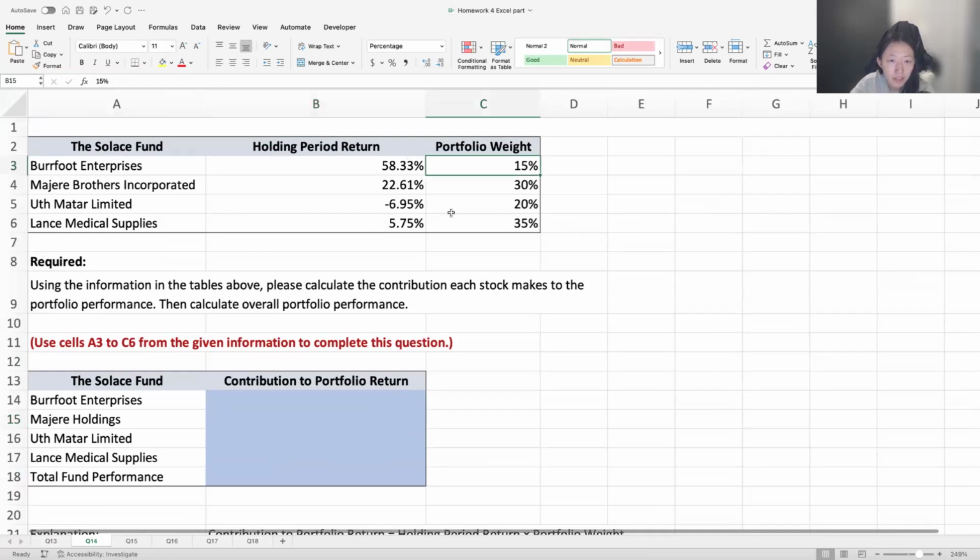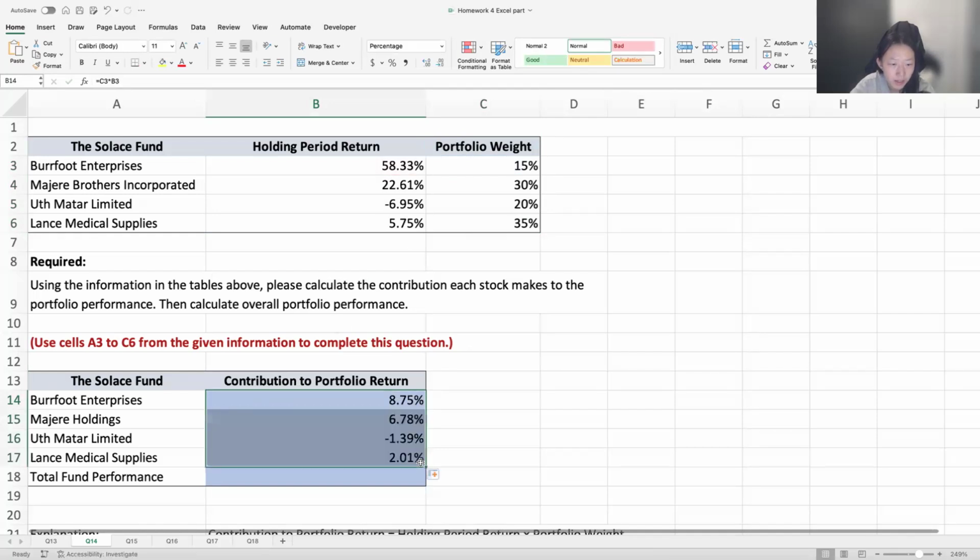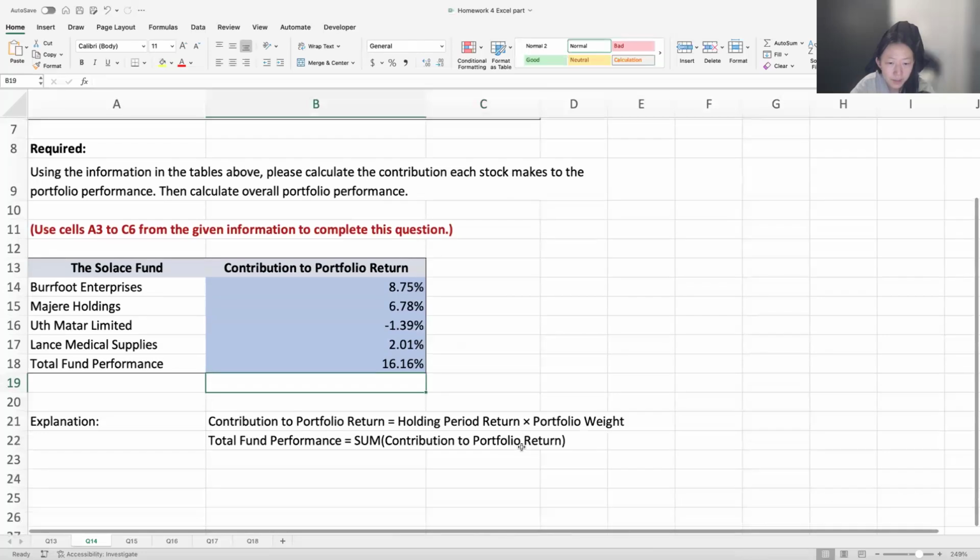And the weight is listed here, and the portfolio and each of the return is listed here. The contribution of return equals the weight times the return. So I'll just drag it down and then take the sum of all of these.